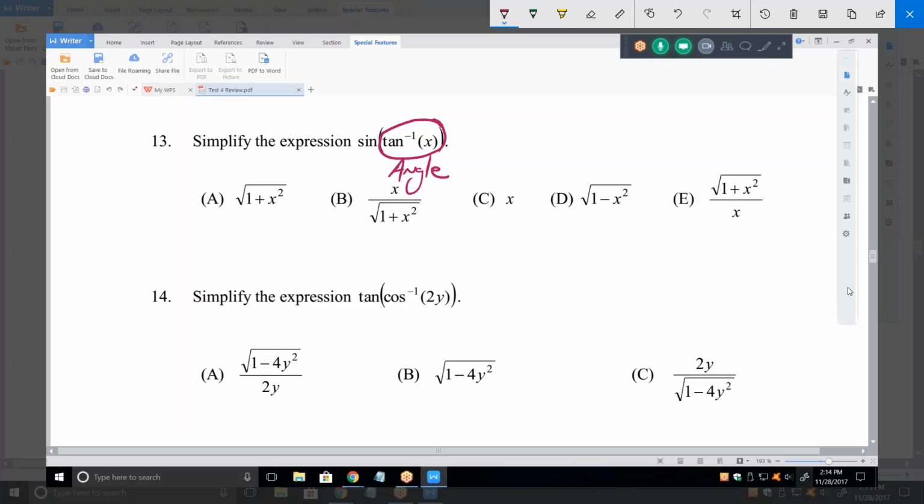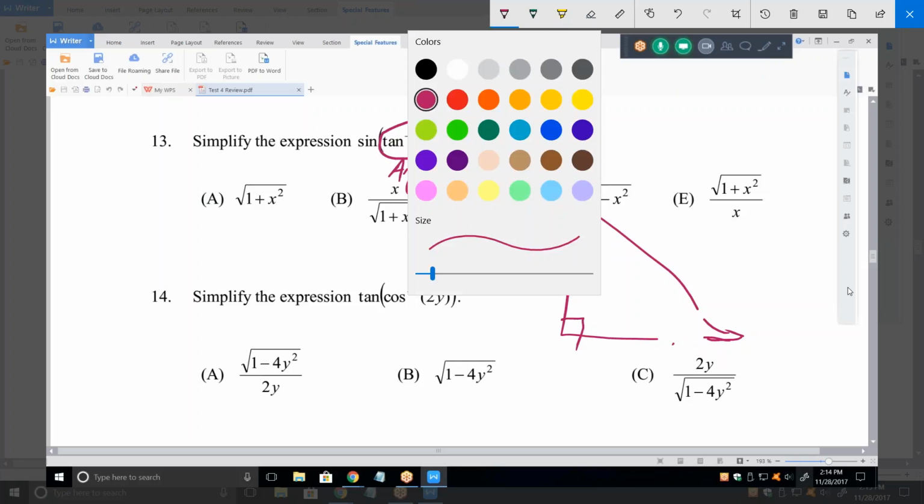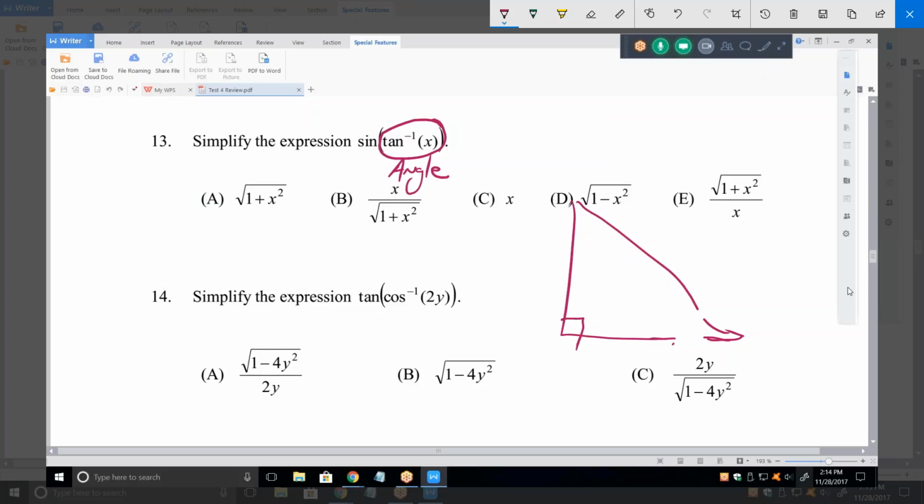Now, let's draw our triangle, just like before. Our right triangle. Label X. Not X. Notice that X is not an angle. X is a ratio. So we'll label that theta. Instead of angle, we'll label it theta. With me?